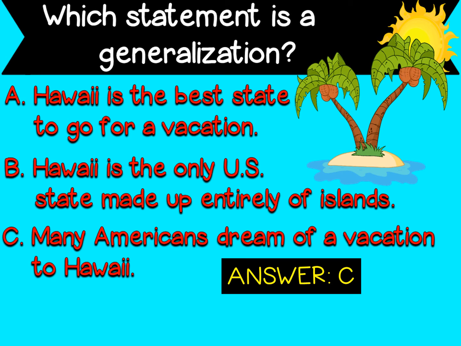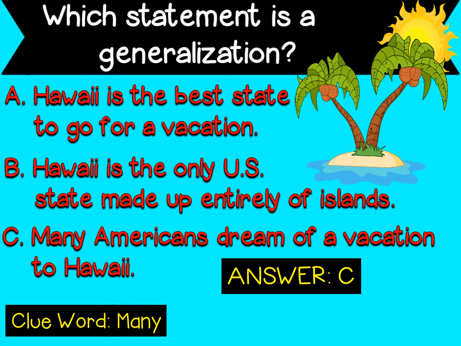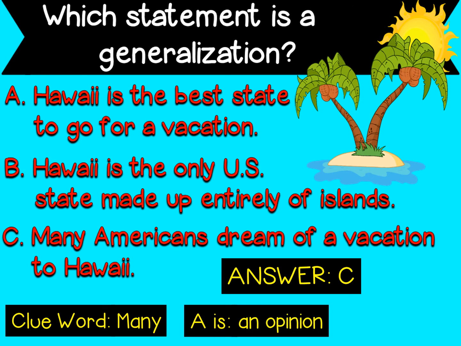Yes, I was thinking C myself. Why? What is the clue word? Many. Excellent. So which one is a fact? Is it A or B? Which one is an opinion? A or B? A will be an opinion and B will be a fact.